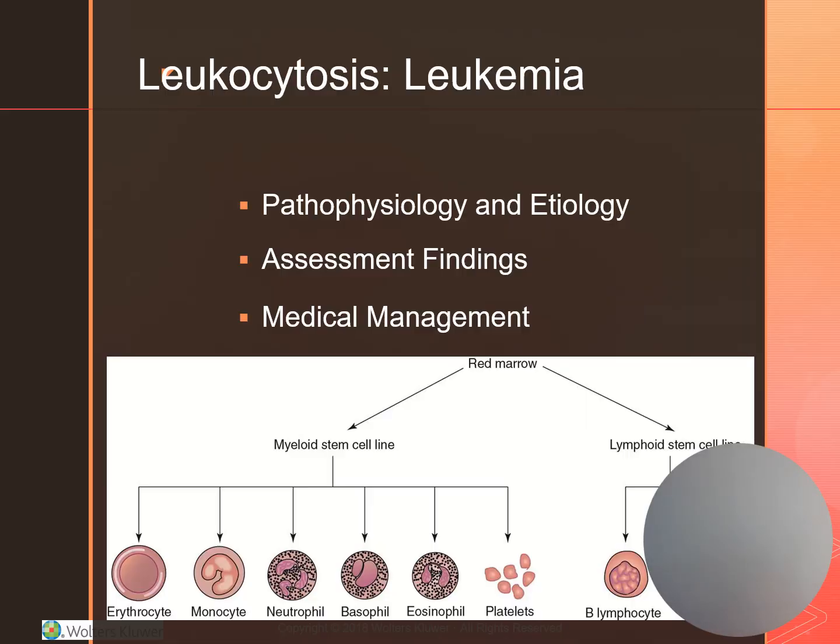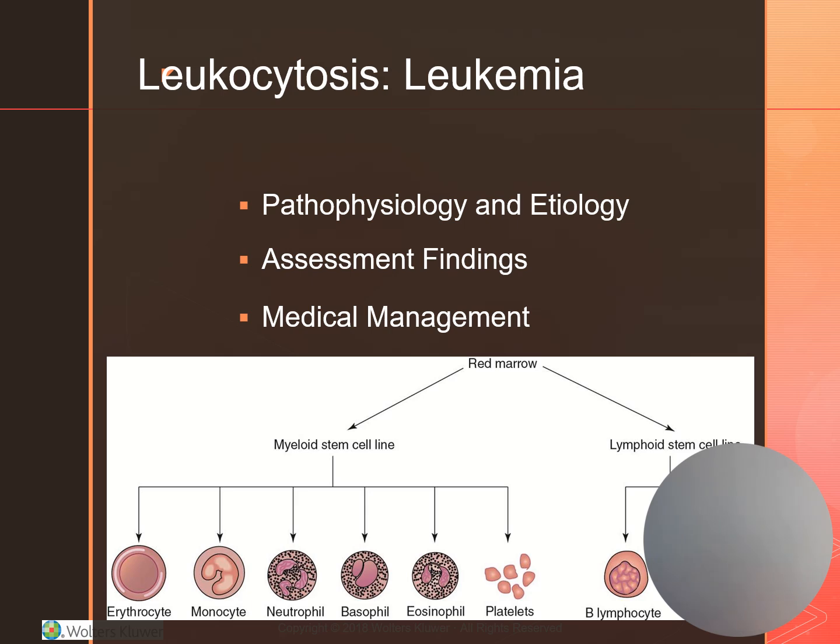Now we're going to look at leukocytosis, specifically leukemia. Leukemia is a proliferation of leukocytes, usually in an immature form. There are 4 types of leukemia according to the dysfunctional bone marrow stem cell line. We can have acute and chronic lymphocytic leukemia.